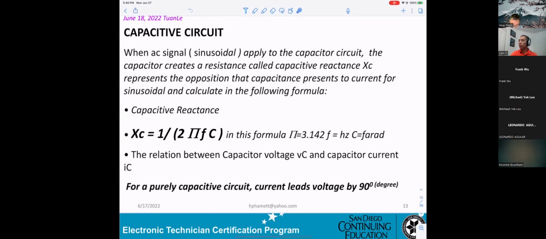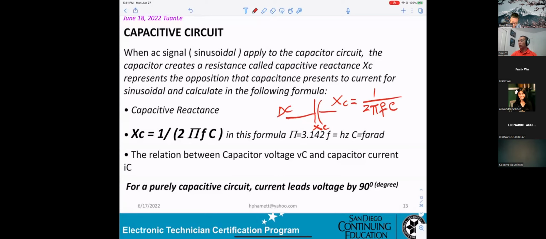Now, if you have a capacitor connected to DC, what does XC equal? Can you tell me? If you have DC, it should be an undefinable value since F equals 0. So in theory, it's an infinite amount of resistance. How many ohms?